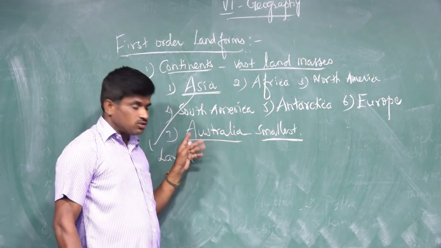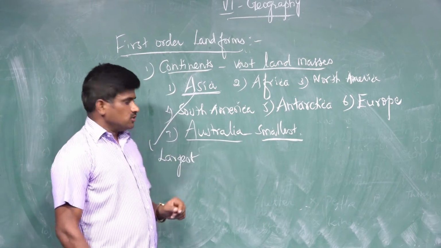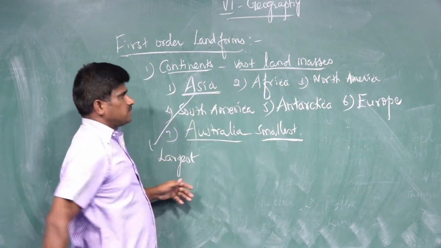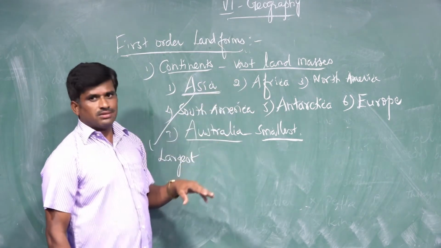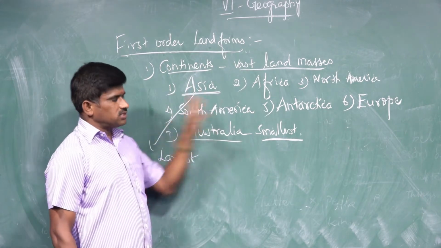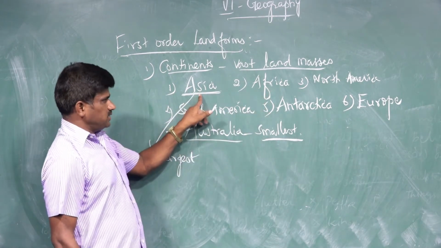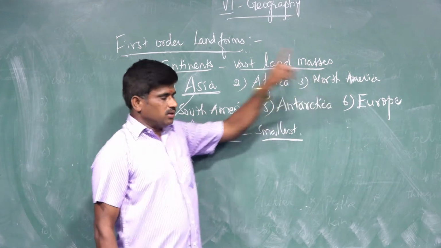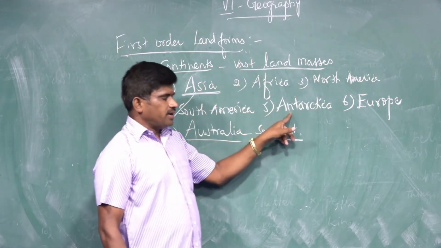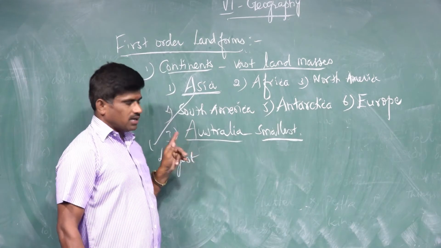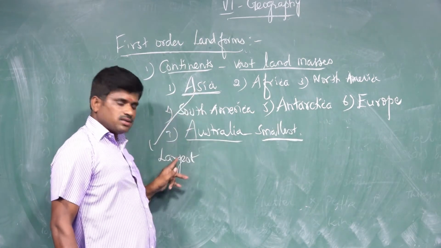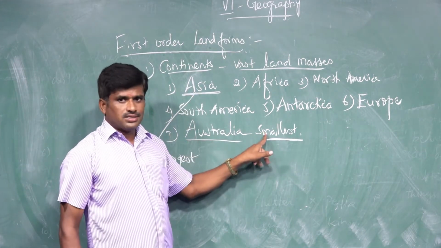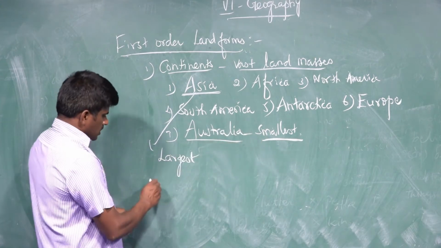The vast land masses are called continents. There are 7 continents, namely Asia, Africa, North America, South America, Antarctica, Europe and Australia.